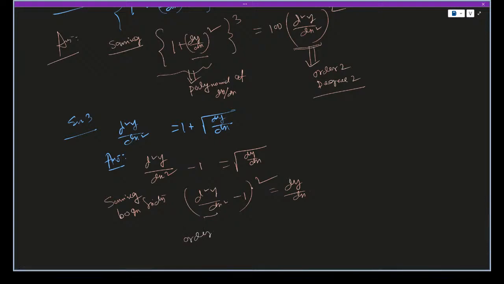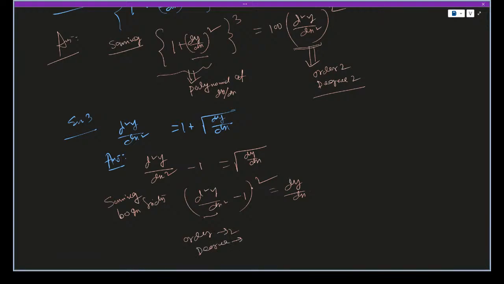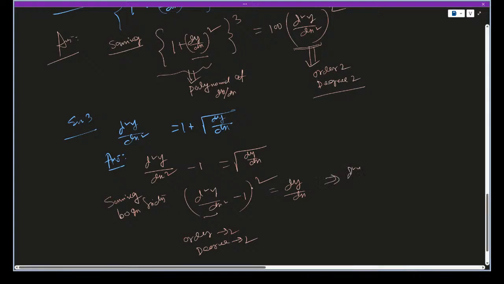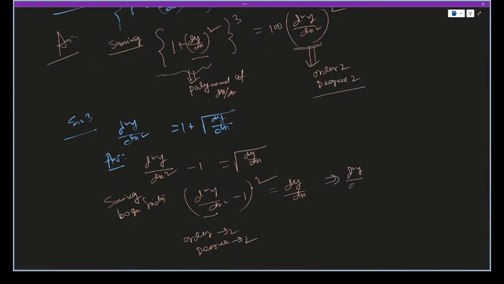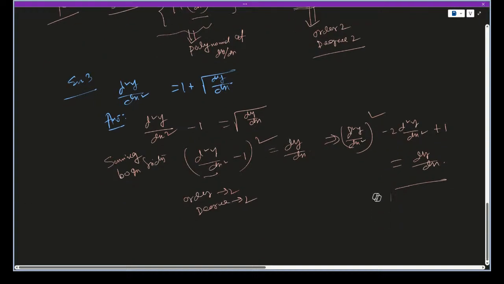So it's order 2 and degree 2. Why? You understood? We'll expand it, whole square. This is a differential equation whose order is 2 and degree is 2.